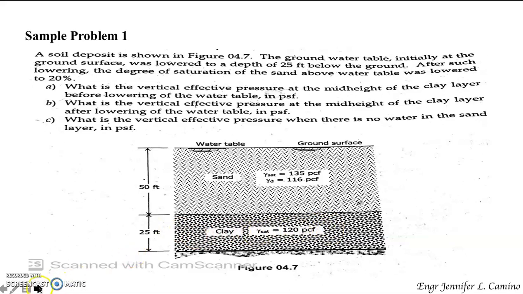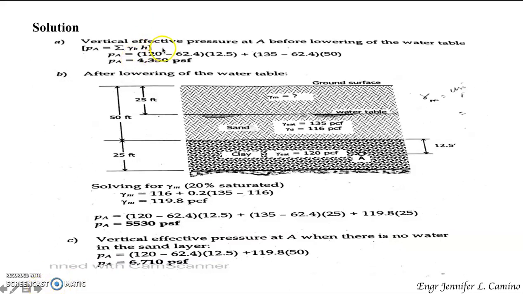For this solution, he immediately gets the effective stress by subtracting the unit weight of the water from the saturated unit weight, multiplied by the depth of that particular layer. So this is point A. Before lowering, the water table is on the ground surface.